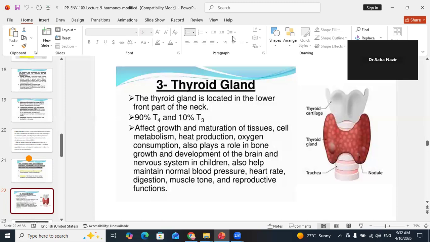Okay, now you must be worried that there are so many functions of one particular hormone and how can we learn all of them. So I would suggest that you learn at least 2 to 3 major functions of each hormone. For example, if I look at the thyroid gland, I can realize that it plays an important role in growth and development of the brain and nervous system in children. It's an important function.